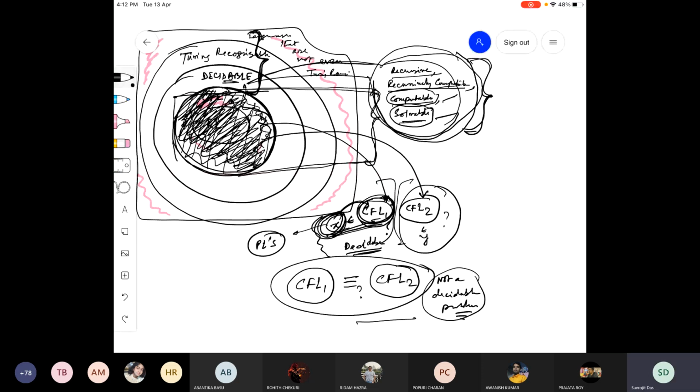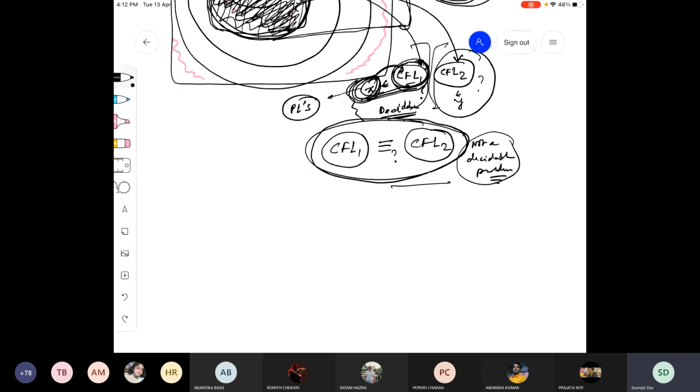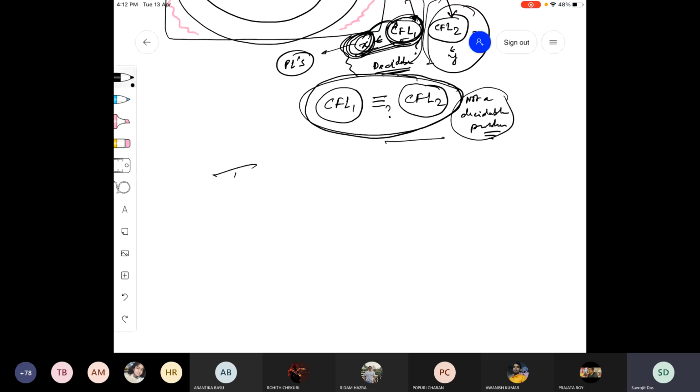For this language class of CFLs and regular languages, whether such problems are decidable or not, you need a machine at a higher hierarchy that is more powerful than the PDA, and that should be as generic as possible to decide upon certain problems of all types. And that machine is called a Turing machine, right?